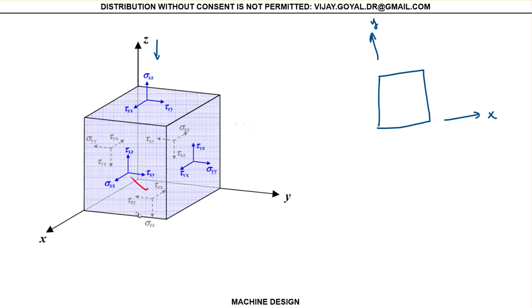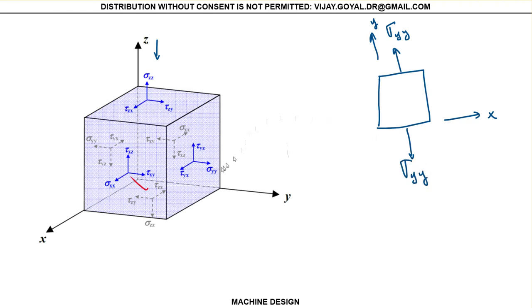So when I'm seeing it from top, I have a stress that acts in the y direction, sigma yy. So this is yy. And also I have the equilibrium stress on the other side to maintain this in equilibrium.